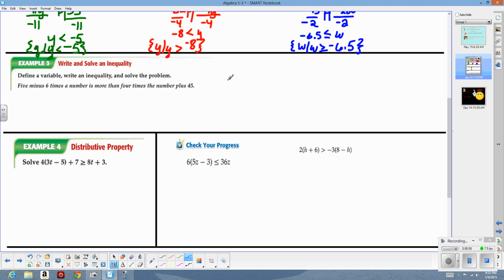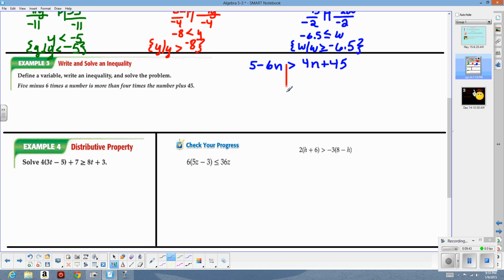It says 5 minus 6 times a number is more than 4 times the number plus 45. 5 minus 6 times a number, is more than, so it's going to be is greater than, 4 times the number plus 45. So there's the inequality.